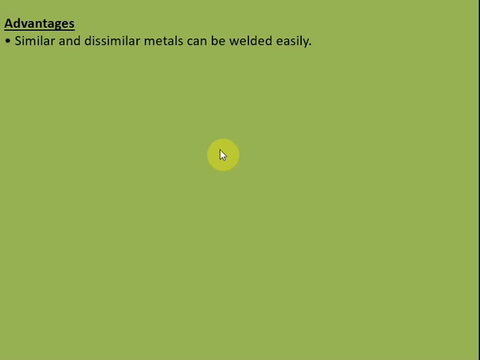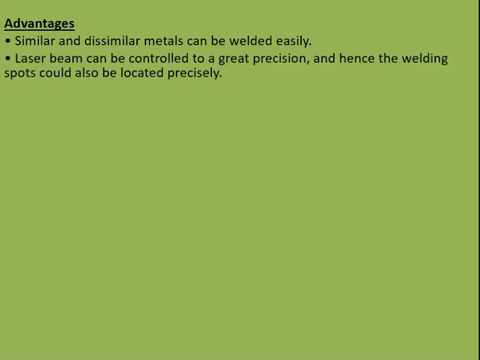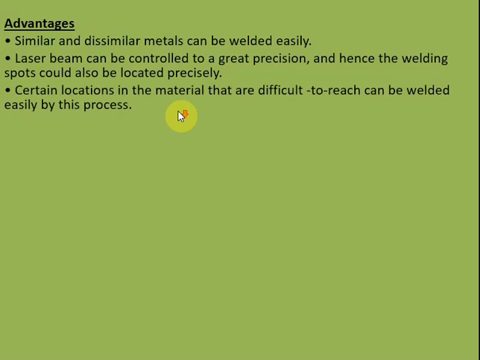Now we'll see what are the advantages of this method. Similar and dissimilar metals can be welded. The laser beam can be controlled to great precision, and hence the weld spot can also be located precisely. Certain locations in the material that are difficult to reach can be welded easily by this process.